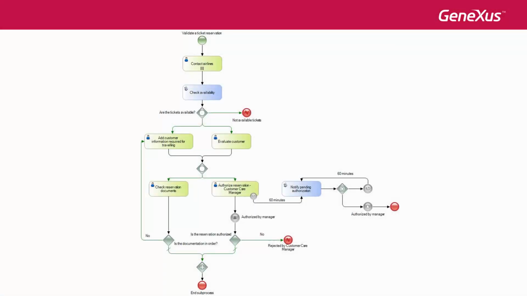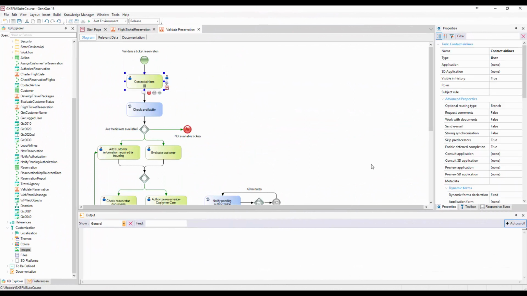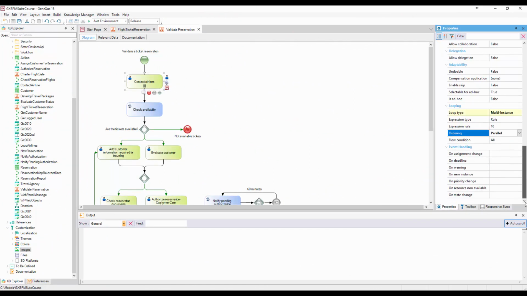A particular feature of this task is that it will be executed a certain number of times because several airlines have to be contacted. This may also be performed at the same time by different users. We open its properties and see that the loop type property is set to multi-instance, the ordering property is set to parallel, the expression type property is set to rule, and the expression rule property has the value 10.